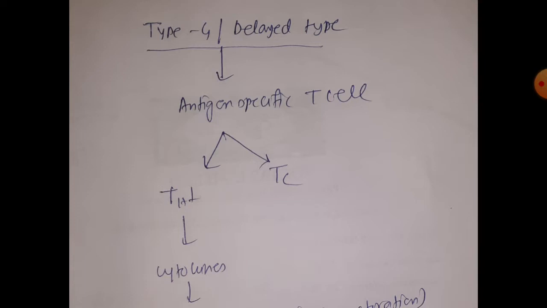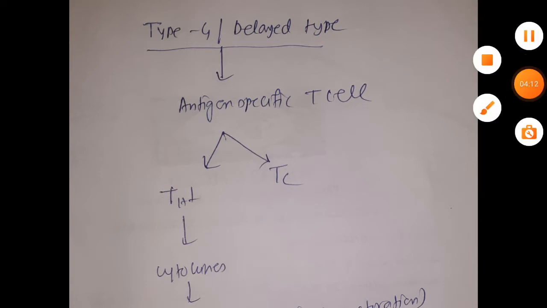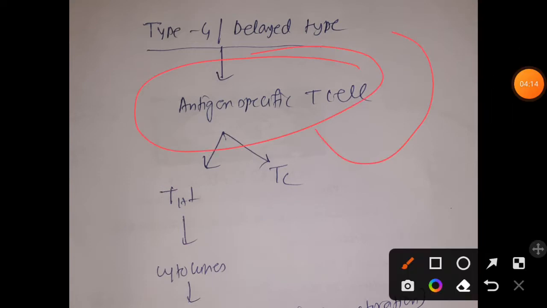It is due to antigen specific T cells, and that is the reason why it takes some time, because we all know that T cells do not have any kind of memory, but B cells do. That is why the remaining 3 hypersensitivity reactions are immediate, because those are antibody mediated, and we all know that antibodies have memory.